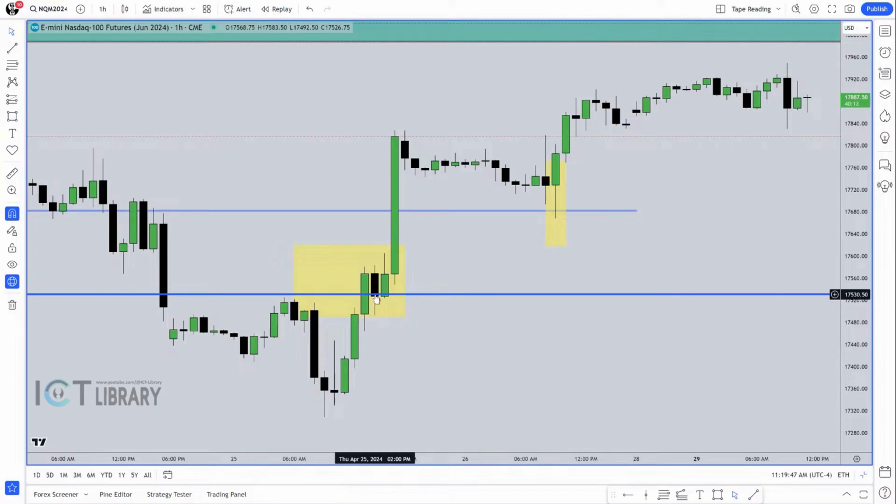Because the change in the state of delivery means it's going to start going higher. So if it's going to go higher, pray tell, what is it going to go up there for? And to where? It's going to go to any inefficiency in close proximity or buy stops. That's buy side liquidity. Friends and neighbors, that is short, sweet, to the point. You can't reduce it to anything less than that. It's right to the point. You can't make it any plainer than that.